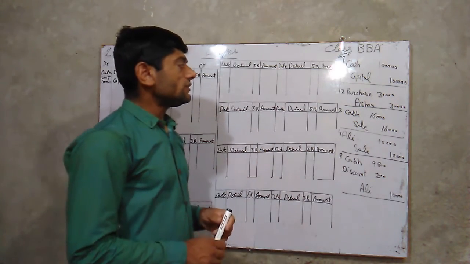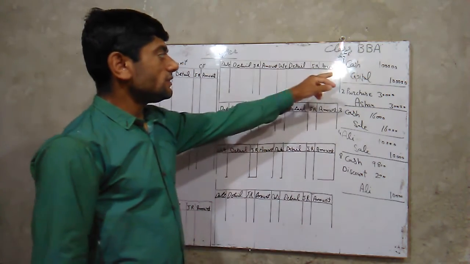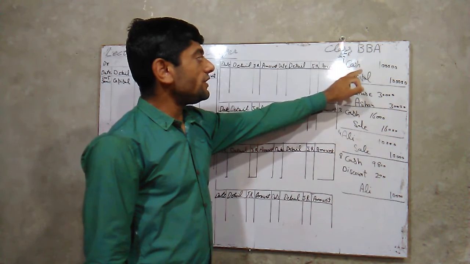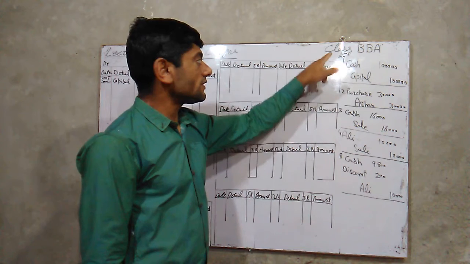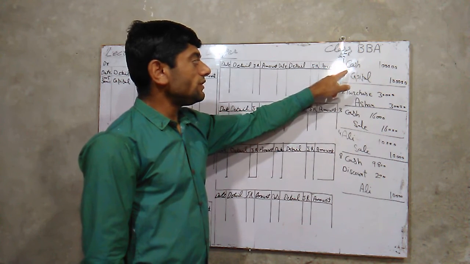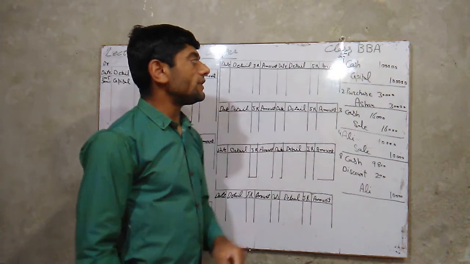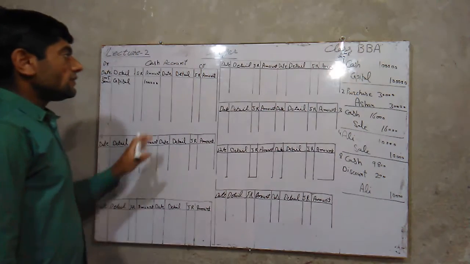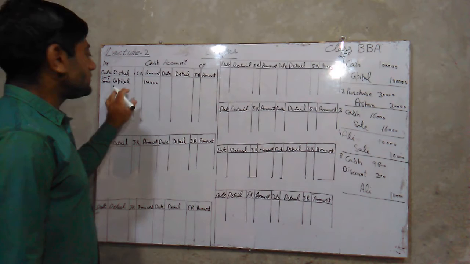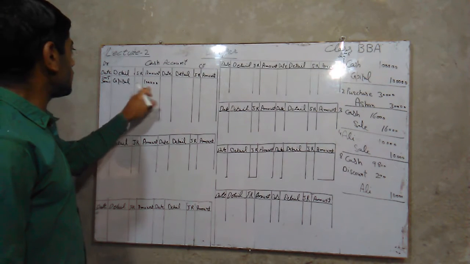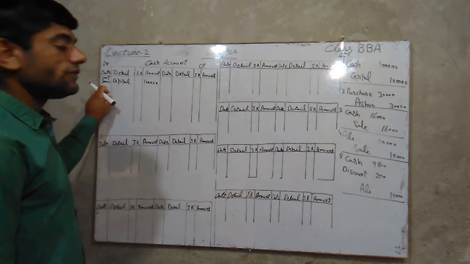First, cash: started business with cash. Cash debit and capital credit. This transaction happened on 1st January 2005. Cash debit due to capital, the amount mentioned here is 1 lakh, on January 1st.